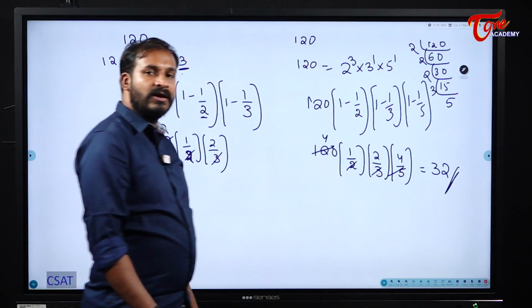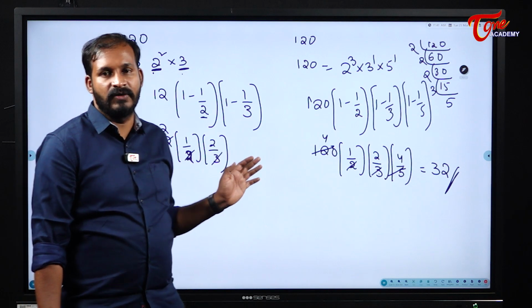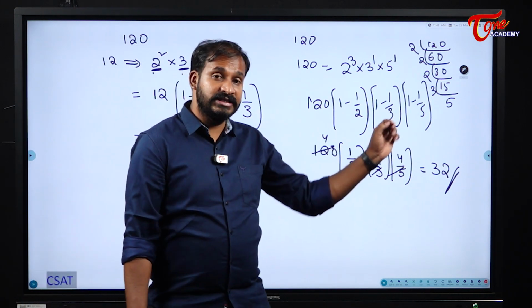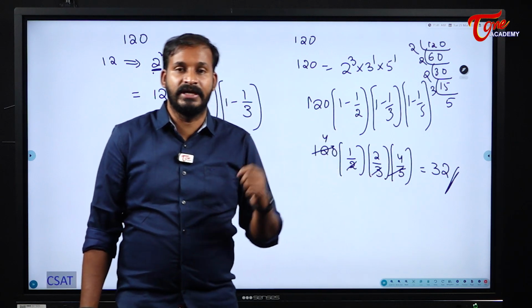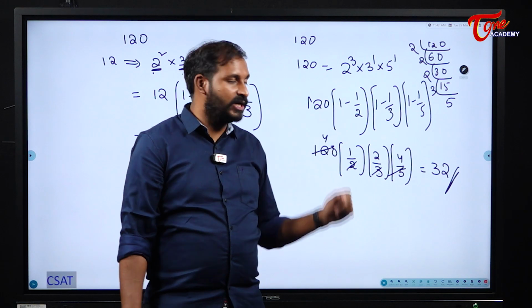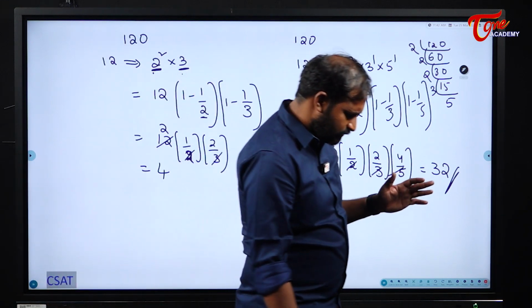So the Euler number of 120 is 32. That means if you write all the numbers below 120, that is 1, 2, 3, 4 up to 119, and check each and every number, you will get 32 co-prime pairs. So the Euler number of 120 is 32. Okay, understood. Well and good.